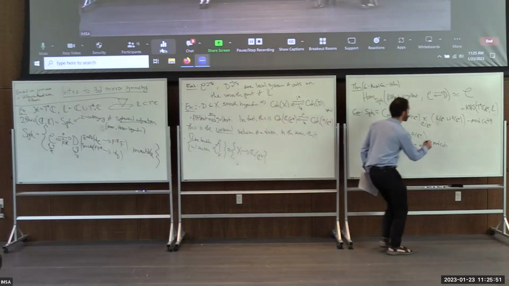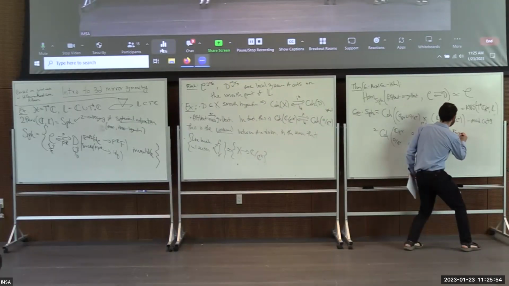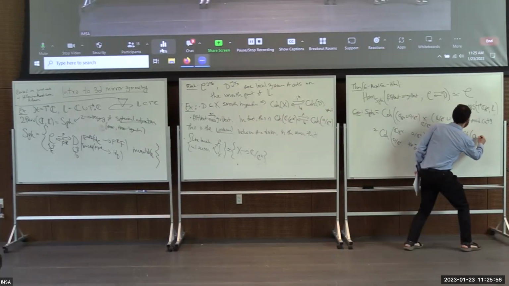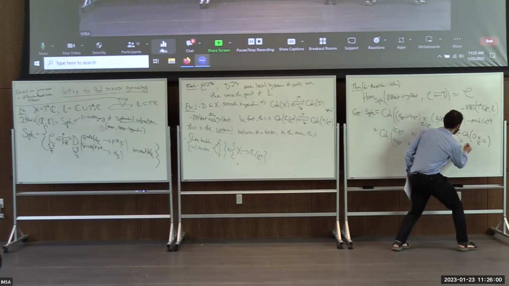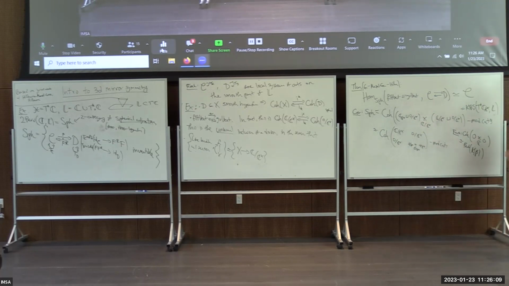And of course, I'm using the fact here that coherent sheaves on the fiber product of 0 with itself over C is equal to perfect modules over a ring in one variable, in one degree 2 variable.